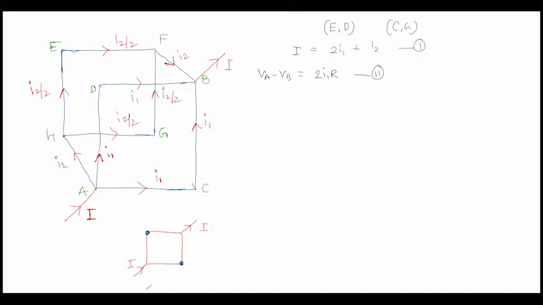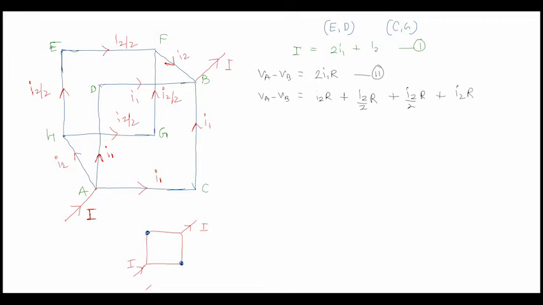Now if I again apply VA minus VB, this time for the path A to H, H to G, G to F, I write it as I2R. In HG we write it as I2 by 2 into R, in GH we write it as I2 by 2 into R, and then in FB we write it as I2R.